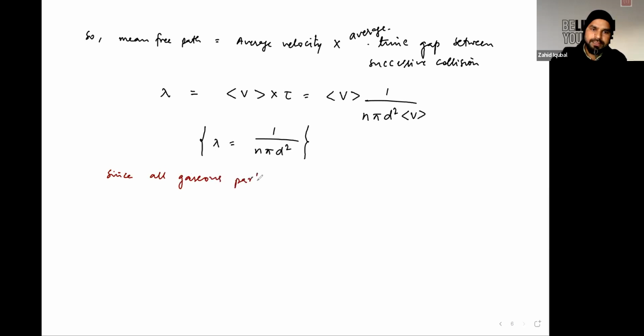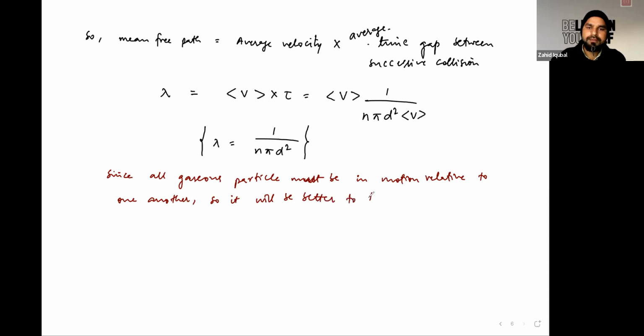So we can transform this relation and we can say, since all gaseous particles must be in motion relative to one another, it will be better to take the average of relative velocity.